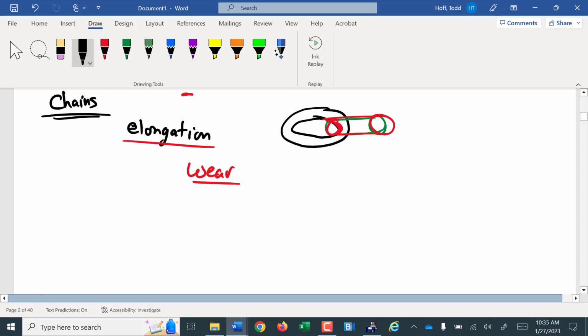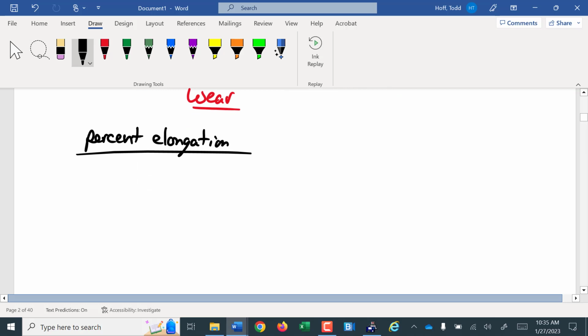So what we want to look at is a percent of elongation. So percent elongation is the change in length over the original length times 100%.